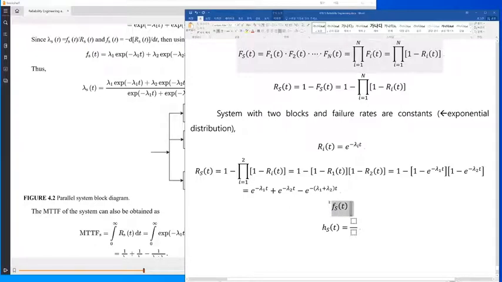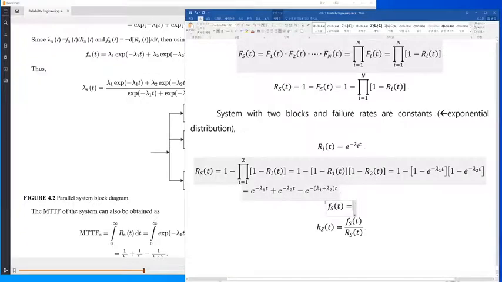When we calculate the hazard rate, this probability density function should be placed in the place of numerator, while the reliability will be placed in the denominator place.